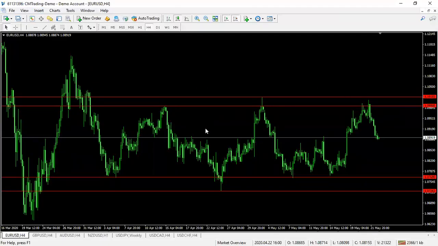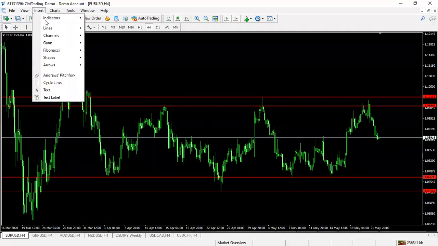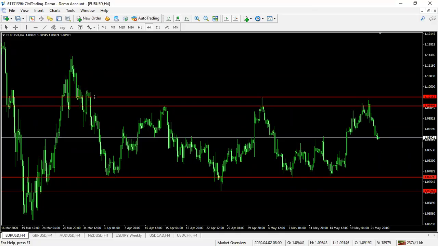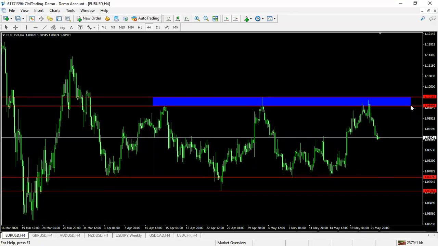So there are a few options. Unaweza tumia trend lines, that's one. But to make it easier for you, kuja insert, then go to shapes. Okay, then select rectangle. Then between your support na resistance, hizo lines zenye umeweka, just come drag and drop.